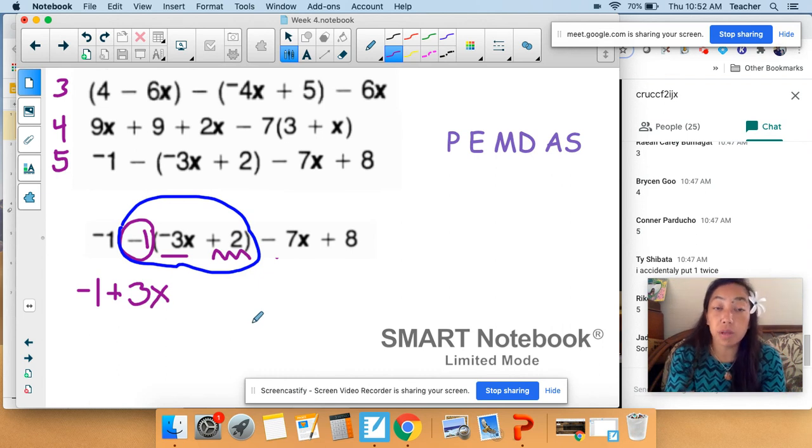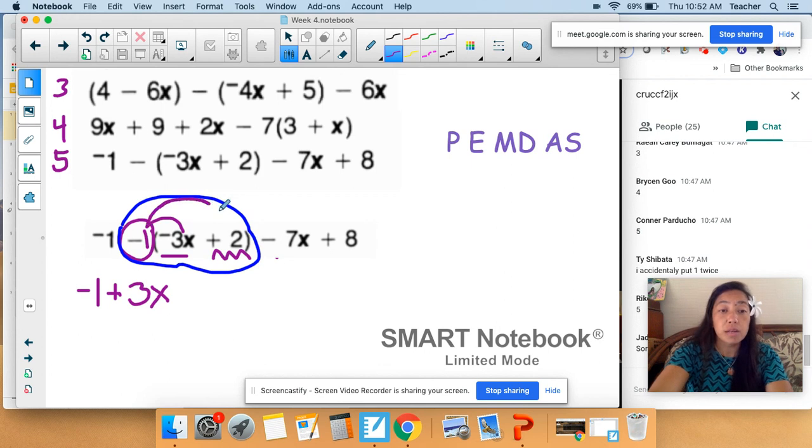If it was a negative 2, then I would draw my area model, the box model, to find the area. But because we're just doing the opposite of, I'm just doing it straight without the box. So the opposite of a minus 3x is a positive 3x. That's negative 1 times negative 3x.